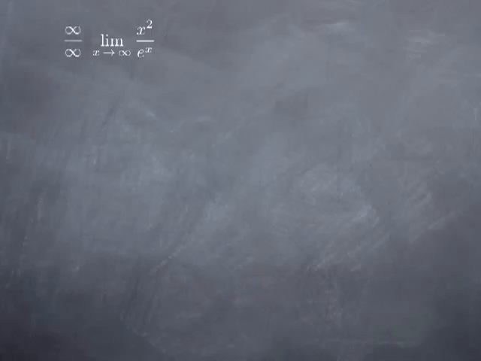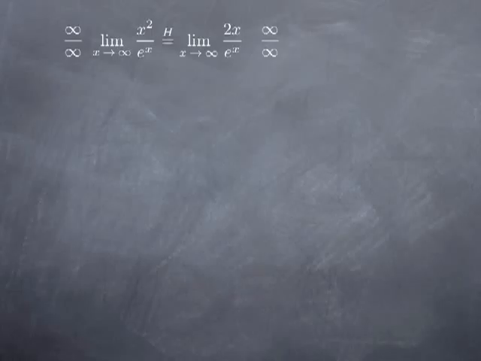Both top and bottom go to infinity as x goes to infinity, so this is an undetermined form of the type infinity over infinity, and therefore the rule of de L'Hopital applies, meaning that the limit is the same as the limit of the quotient of the derivatives, so namely limit of 2x divided by e to the x. But we still have that the top goes to infinity and the bottom goes to infinity, so we have again an undetermined form.